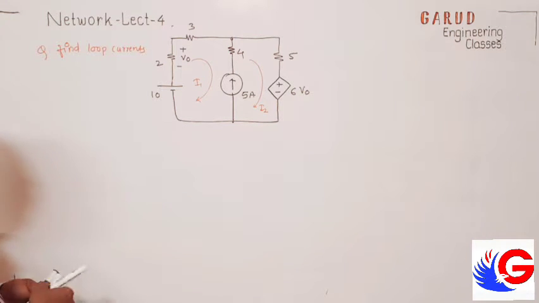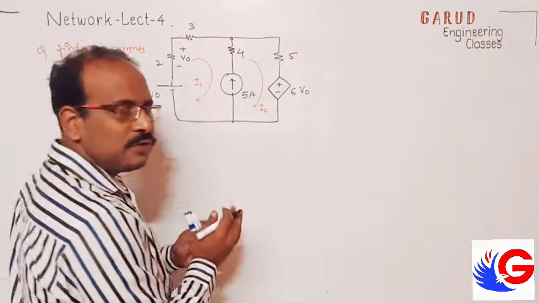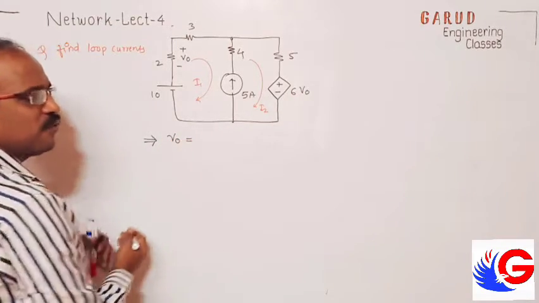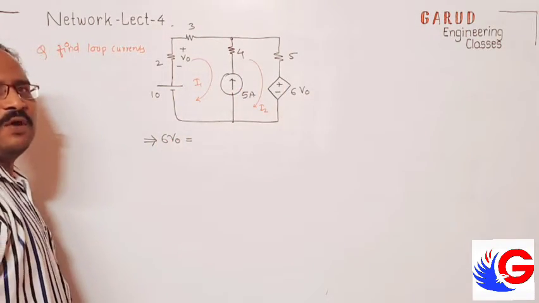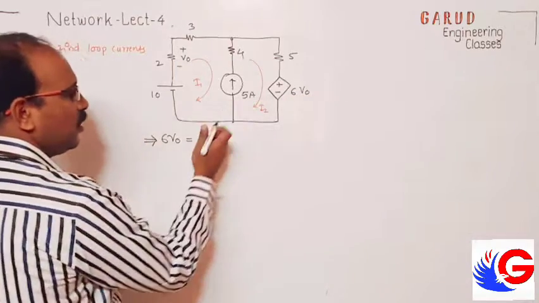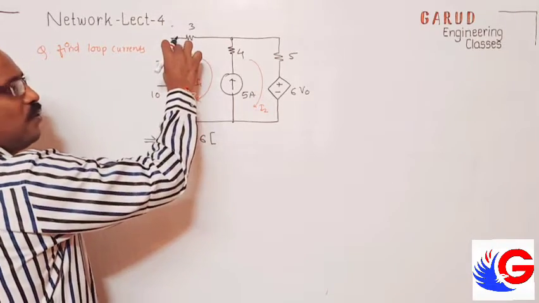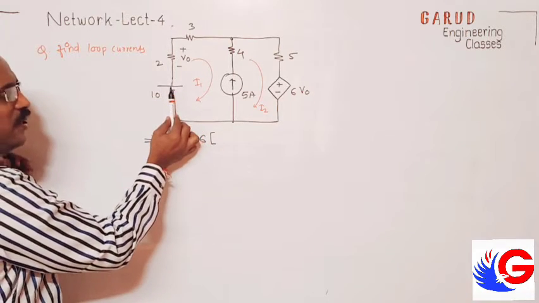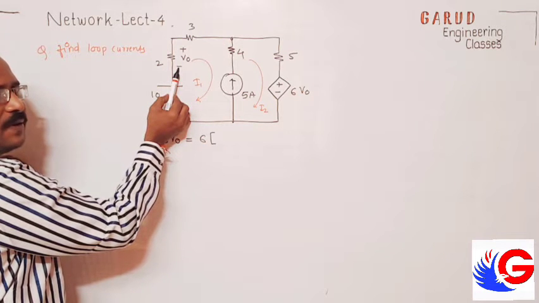So rule number 1 for dependent sources: express the unknown controlling value VO in terms of the loop currents. The dependent source is 6 into VO. What is VO? Upper side is positive. According to my I1, I1 is flowing upward, so this must be positive, but they are sensing this as negative.